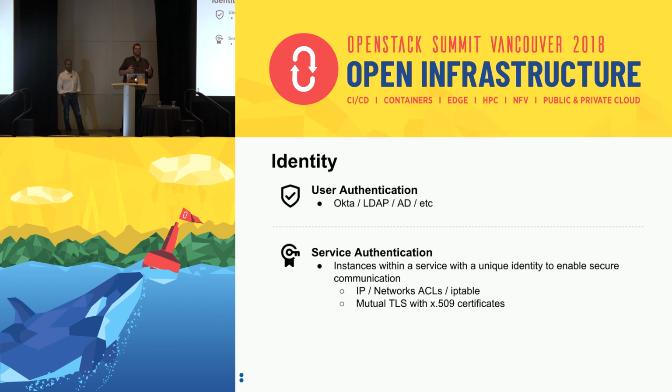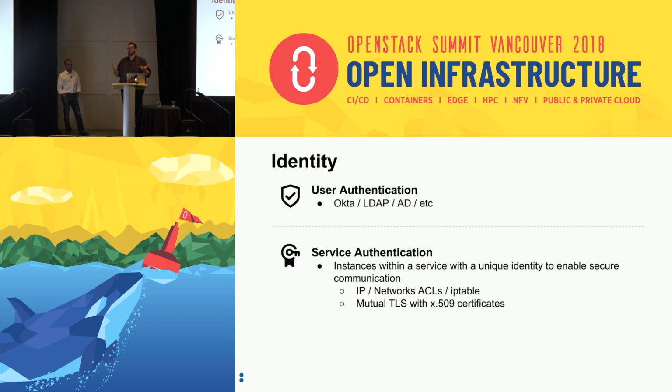The problem with service authentication is that services need to be uniquely identified in some fashion, or more accurately, instances have to have a unique identification that they can use to communicate with one another under a service.